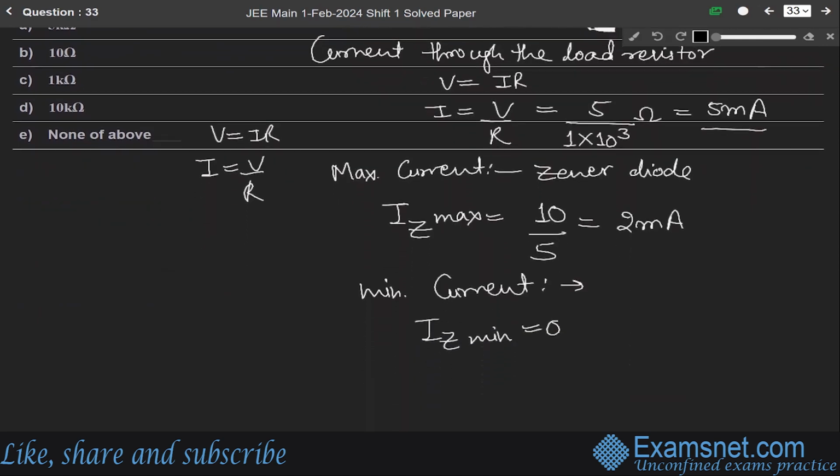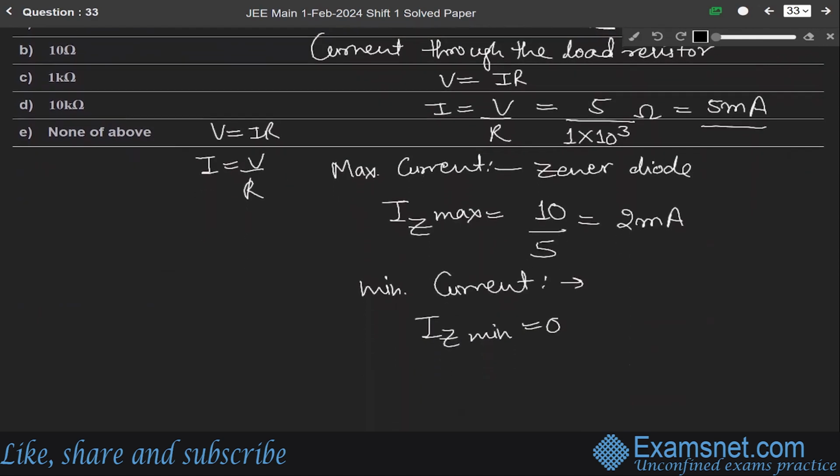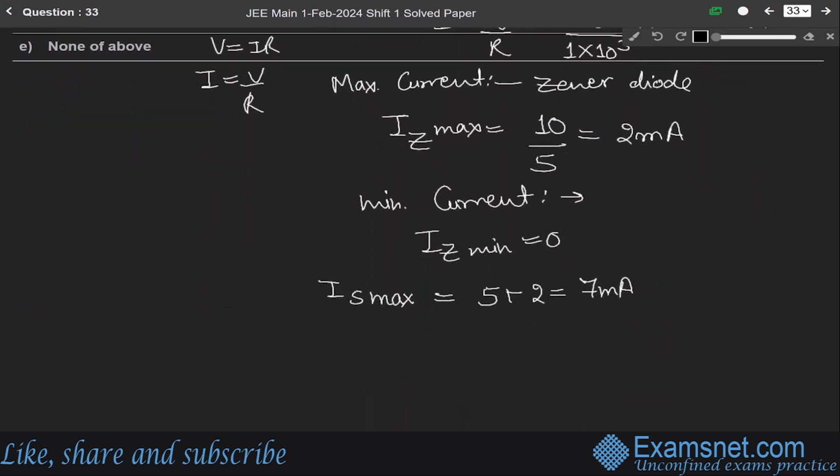Now the maximum current through the supply will be this 5 plus 2, which equals 7 milliampere. Therefore RS minimum will become V1 over I maximum.